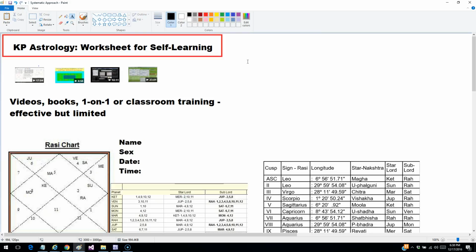the casting of the horoscope and a few basic elements of the Krishnamurti Paddhati don't need much time, maybe a couple of months, and you should be able to understand what exactly the elements of basic KP astrology are.